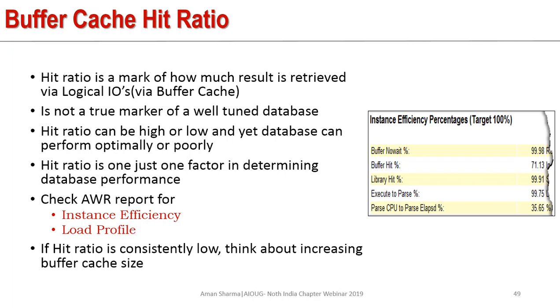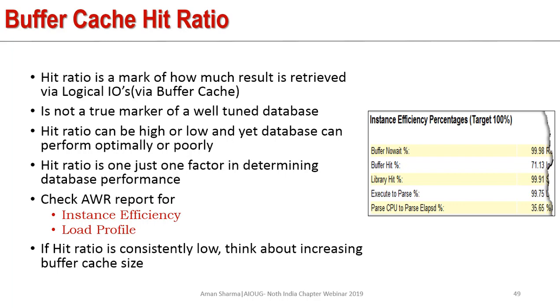That means you have a very high hit ratio, but it is not really a very good marker for a tuned database, because hit ratio can be artificially low or artificially high. For example, if you're doing a lot of reading of similar buffers of a segment, it is going to increase the hit ratio explicitly.